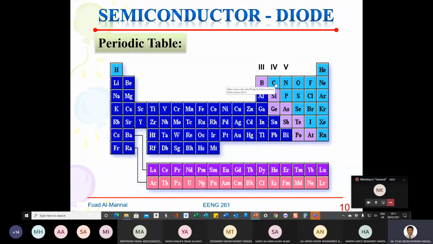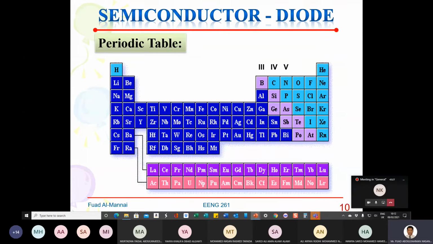You have carbon, silicon, and germanium, Ge. Over here we have arsenic, phosphorus, and so on. So these are group 5, these are group 4, and these are group 3. Any questions so far?